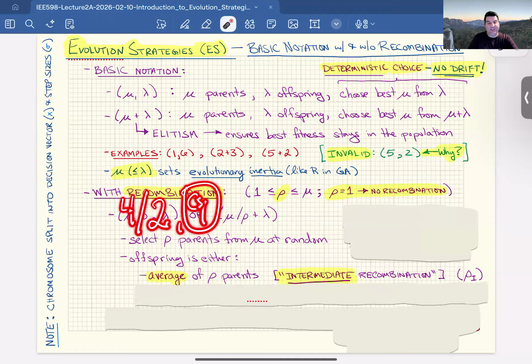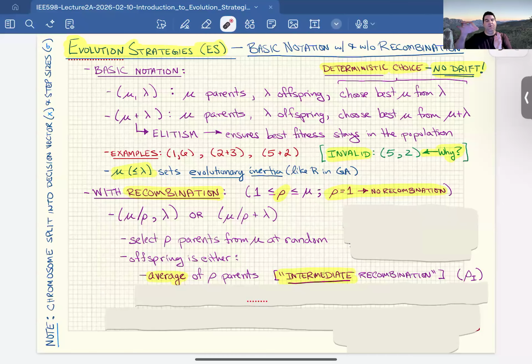But then I go through the mutation process after that. So once I've generated that one offspring, then I mutate its mutation rates using that upper level hyperparameter, which I haven't written down here. And then once I have new mutation rates for that offspring, then I use its own custom mutation rates to mutate its decision vector. And then that becomes my new offspring.